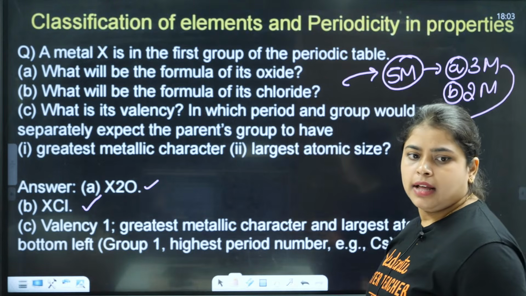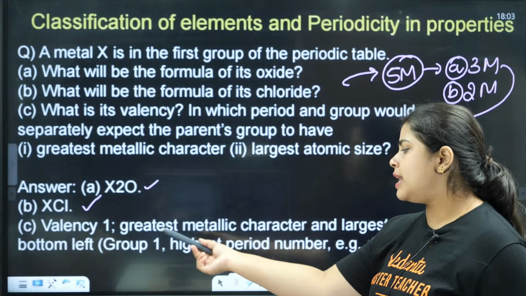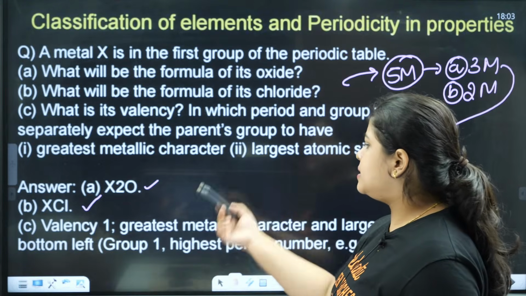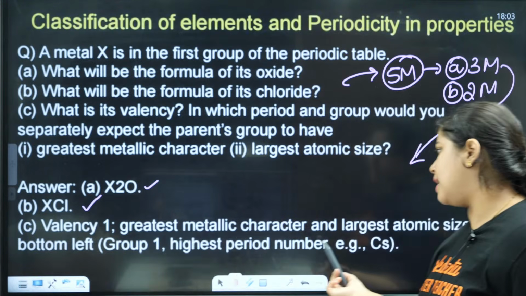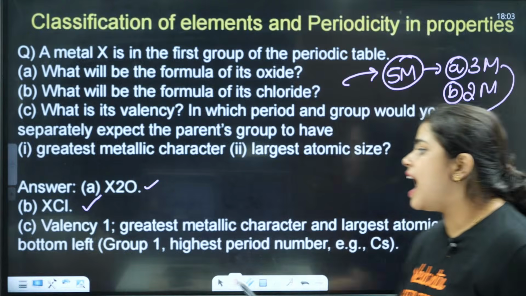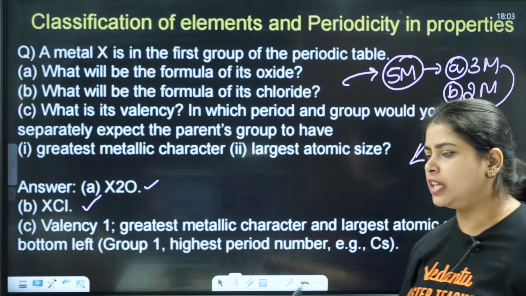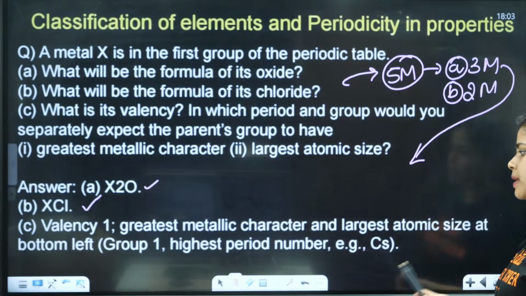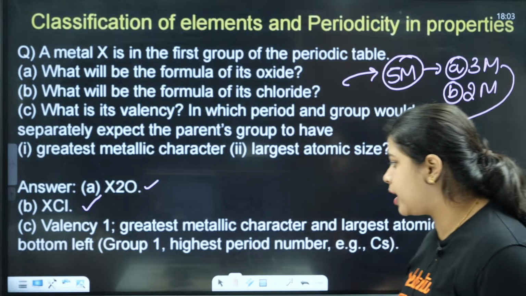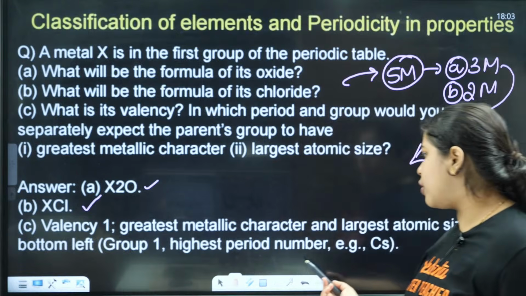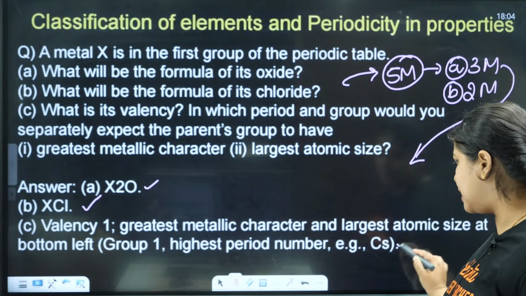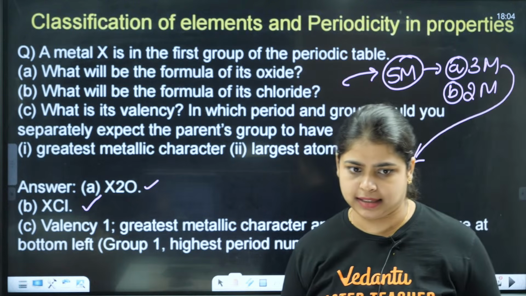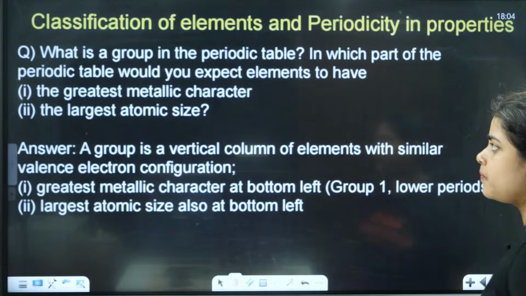Clear? Understood? Yes. So valency is 1. The greatest metallic character and the largest atomic size are at the bottom left. Next, group 1, highest period number. For example, we can take cesium, that is Cs.